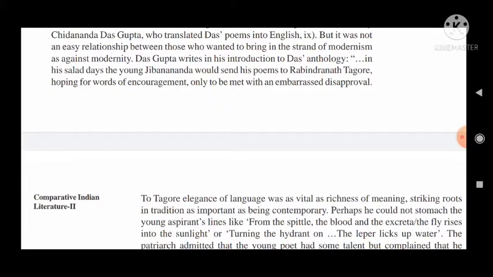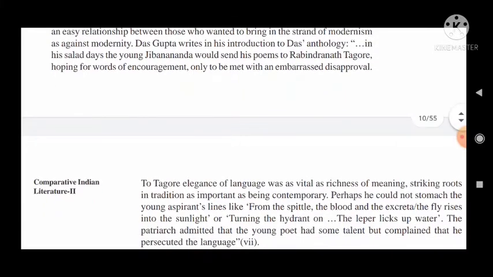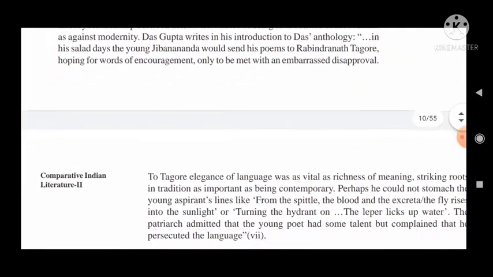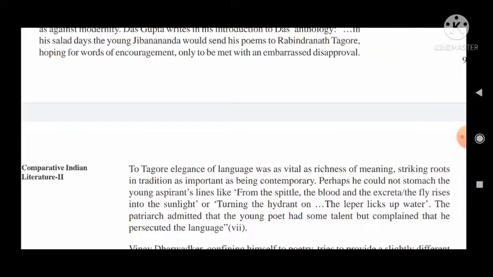Dasgupta writes in his introduction to Das's anthology, in his salad days, the young Jibanananda would send his poems to Rabindranath Tagore, hoping for words of encouragement, only to be met with an embarrassed disapproval. Tagore disapproved of his writings.